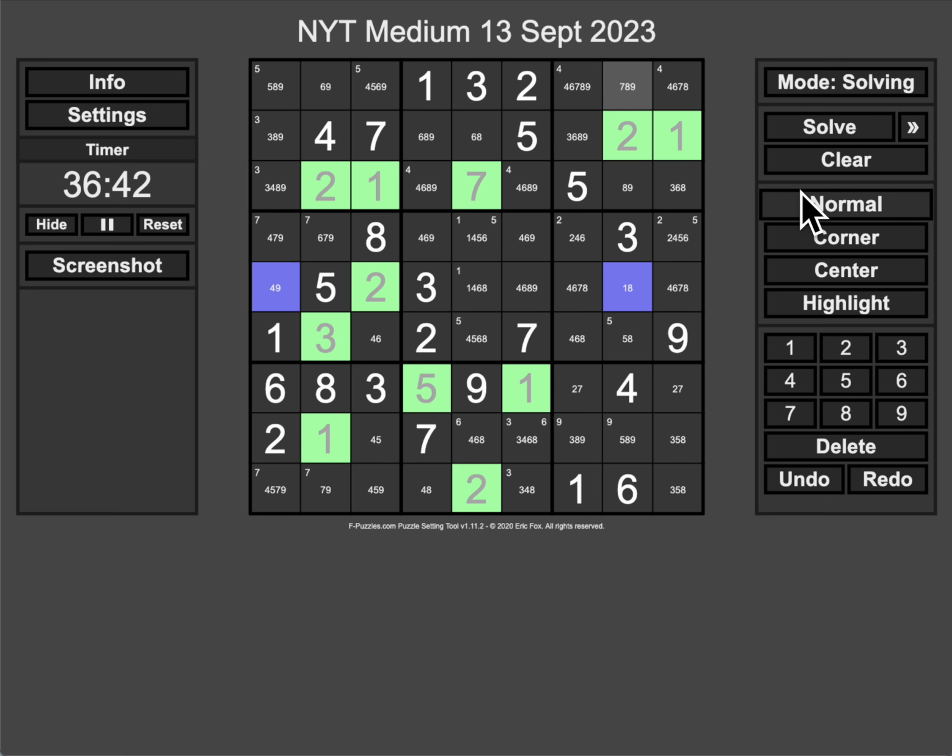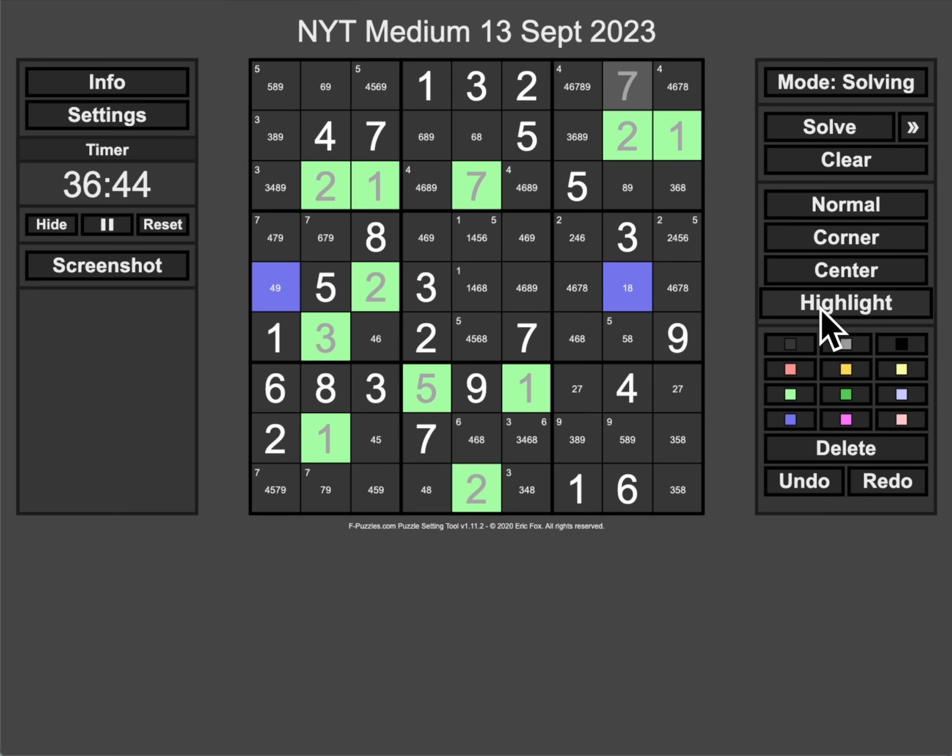And that will force this cell to be a 7. In turn means that these are not. I've now essentially forced an X-wing on 7s here, here, here, and here.